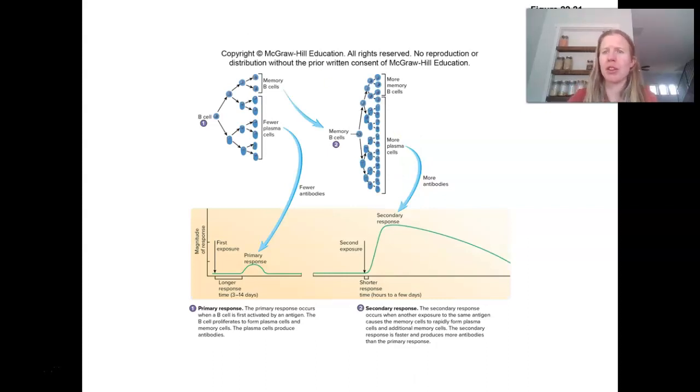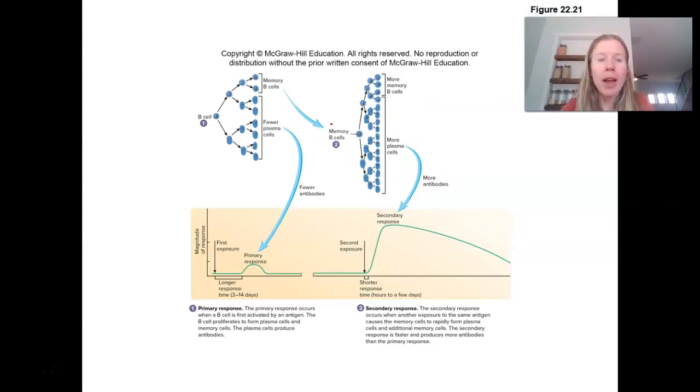Your book here has figure 22.21, which I thought did a really nice job of showing how that works. So in the first exposure, this can take weeks to go through this whole process of clonal selection, division, making memory cells, making plasma cells, making antibodies. But you can clear the infection.